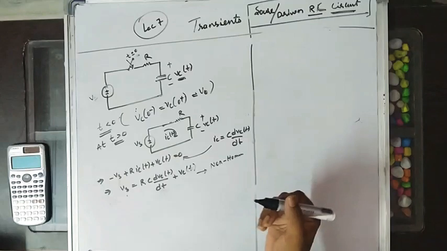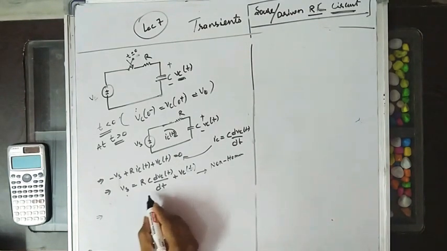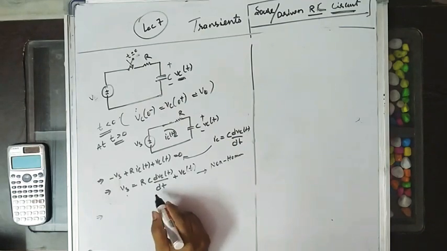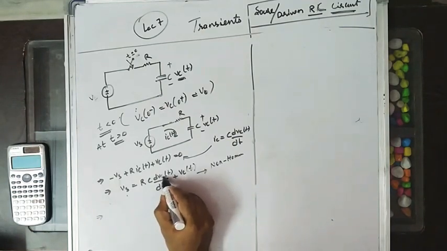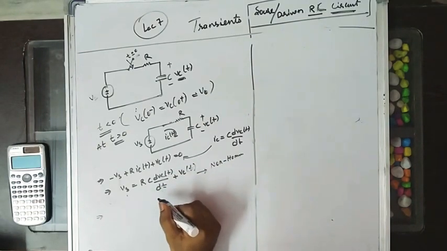For finding the two responses, we need to separate the variables here. The voltage across the capacitor is varying and time is also varying, so we will separate these.